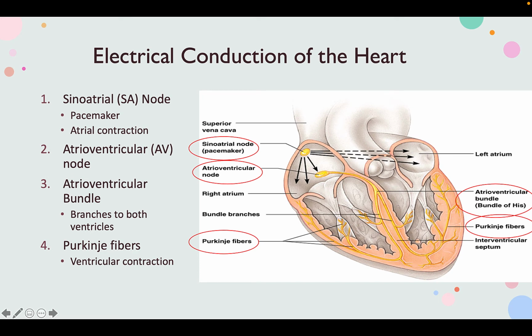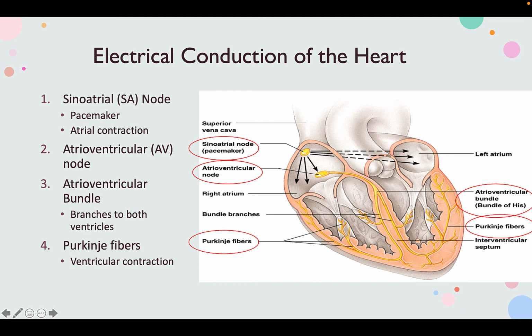This AV or atrioventricular node is the second clump of specialized myocardial conductive cells located in the inferior portion of the right atrium. Following stimulation by the SA node, this AV node then goes on to stimulate the atrioventricular bundle, also known as the bundle of His, kind of in the center part of the heart.